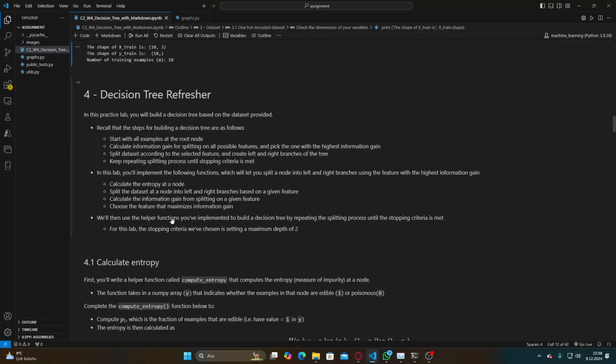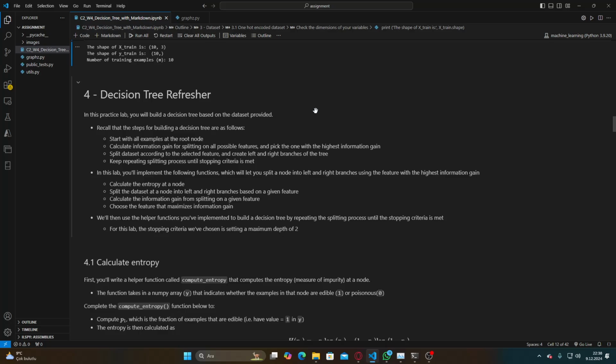Decision tree refresher, it's like a reminder. In this practice lab, you will build a decision tree based on the dataset provided. Recall that the steps for building a decision tree are as follows. Start with all examples at the root node.